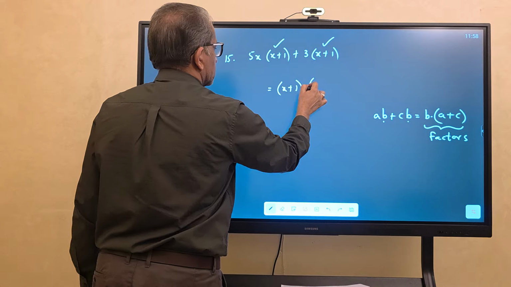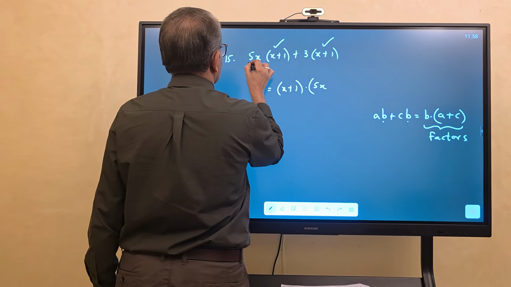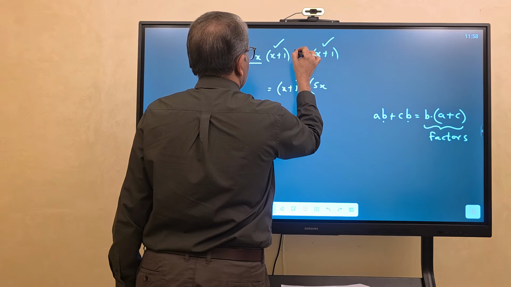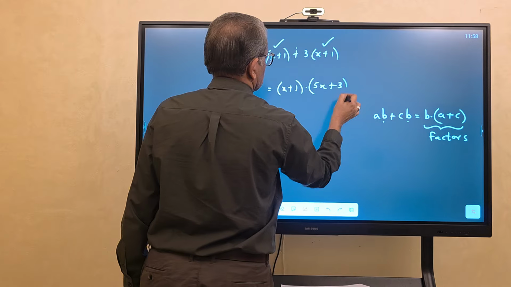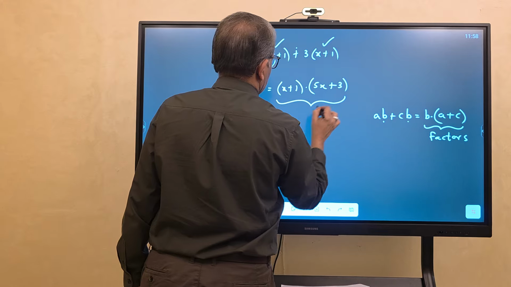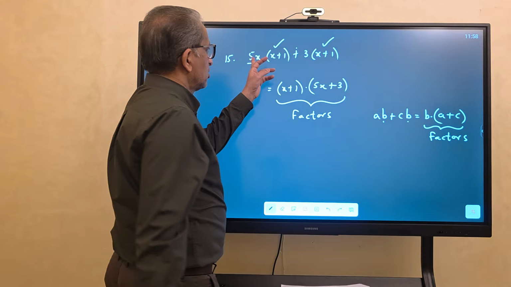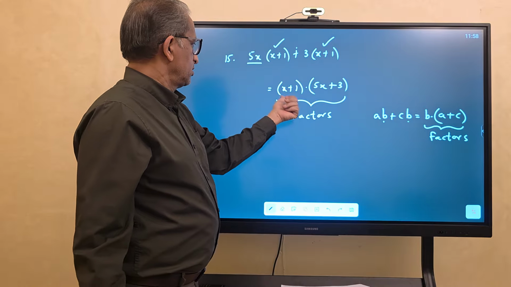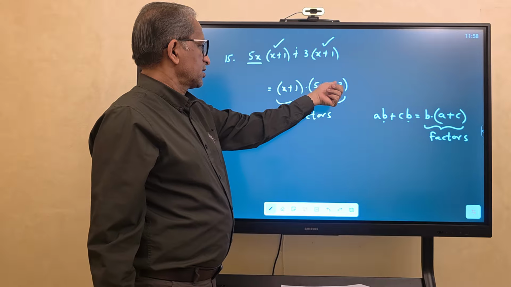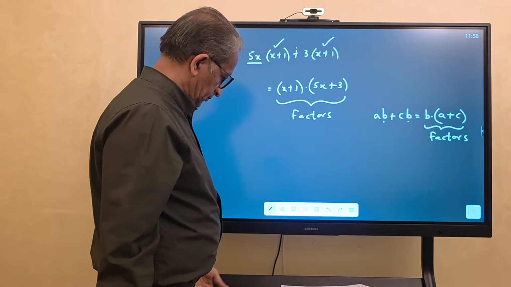What is left inside? 5x and plus 3. See, these two are factors. These are not factors because they are separated by plus. So x plus 1 into 5x plus 3 are the factors of this.